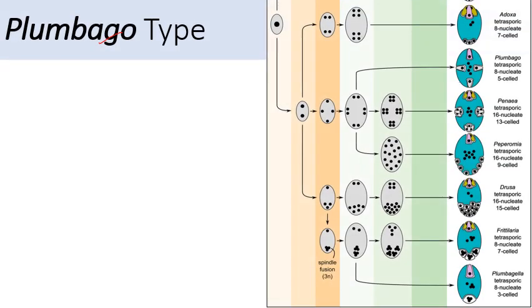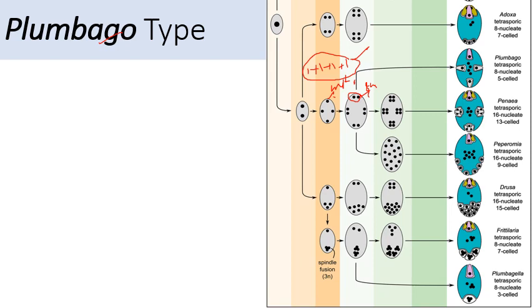Next type of embryo sac is Plumbago type. In Plumbago type of embryo sac, here again this is the 1+1+1+1 arrangement of megaspore nuclei जो कि 4 कॉर्नर में present होते हैं. They will undergo a single mitotic division. एक single mitotic division होगा जिसके result से बनते हैं 8 nuclei which are arranged at 4 corners in pairs.